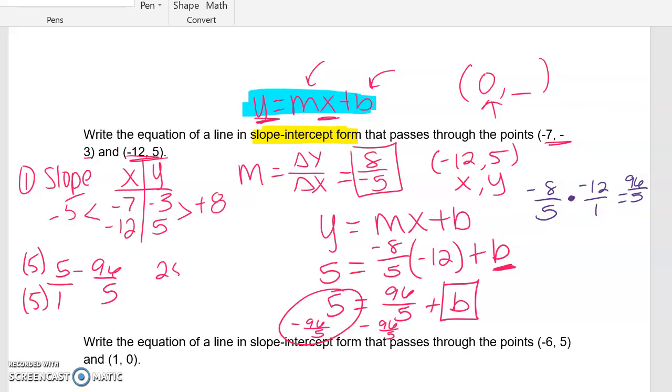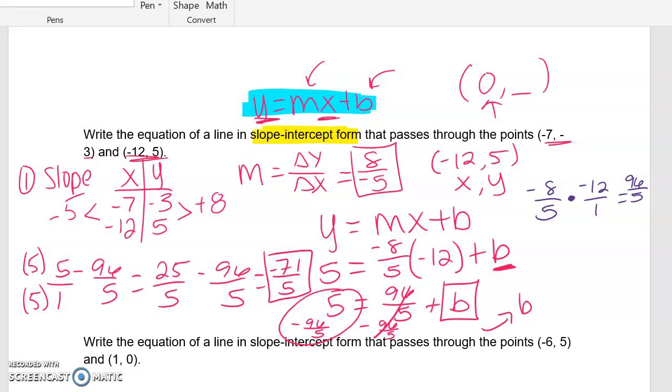That gives me 25 over 5 minus 96 over 5. And 25 minus 96 is going to give me -71 over 5. This is not a fun problem. And that would be my b value.